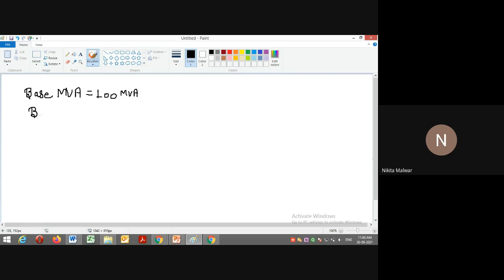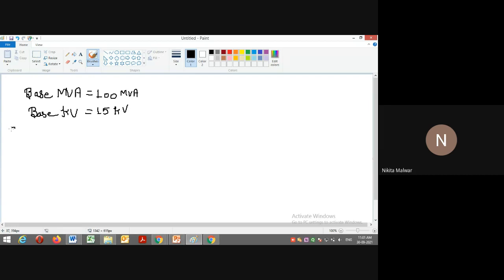So your base kV will be considered 15 kilovolt. These are the base values we have considered, as given in your question.